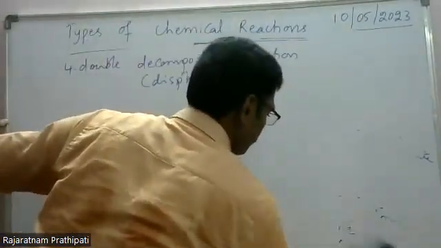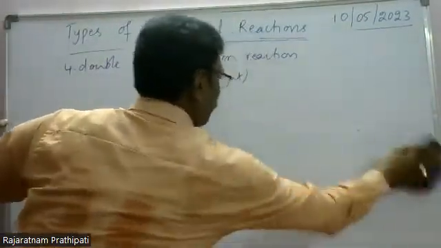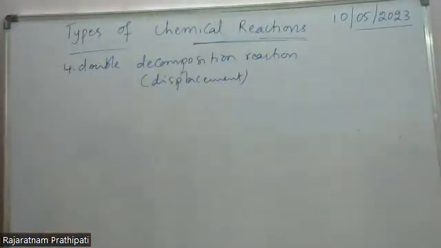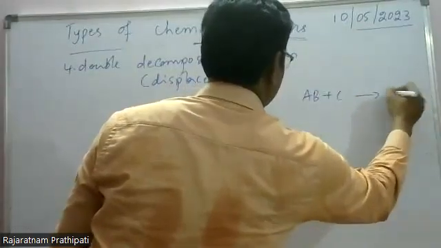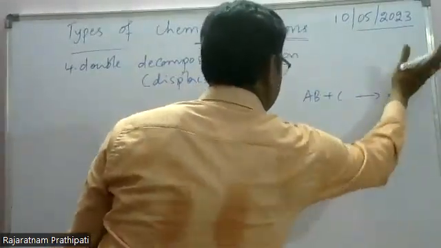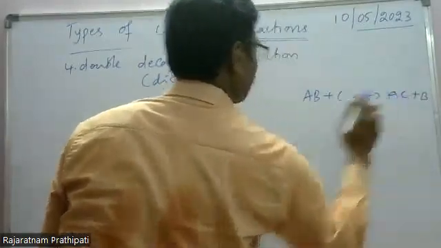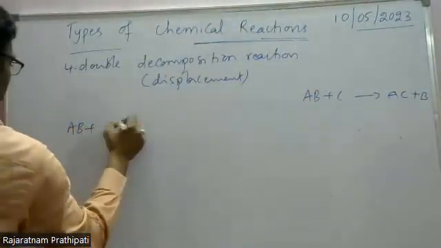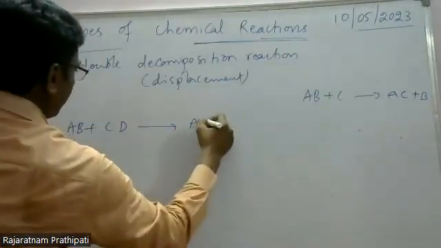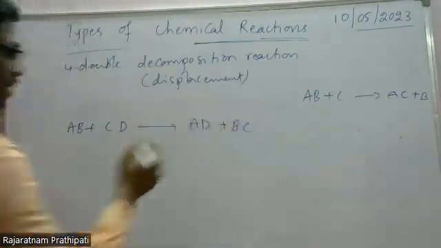The previous one, the third category, was only single displacement reaction. Look at this: AB plus C gives rise to AC plus B. That is single displacement. If you observe, AB plus CD gives rise to AD plus CB.